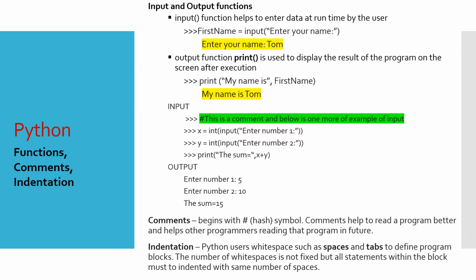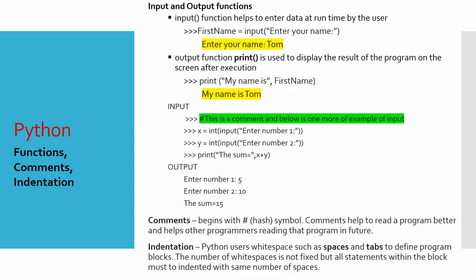I've given some more examples with the input and output, but the important thing I want you to focus on in this second example is a couple of things. One is the hash, where you can see the green colored highlighted ones. This is a comment, and below is one more example of the input.